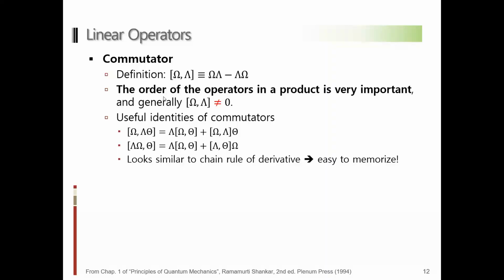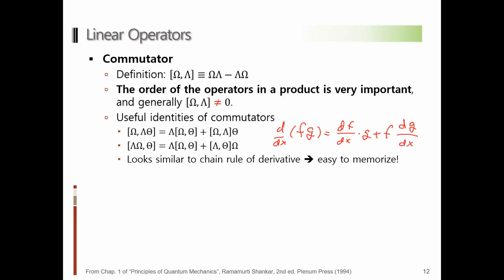One way to memorize these commutator properties is to recall the chain rule of the derivative. What do I mean by that? For example, if you want to find the derivative of the function fg, you first take the derivative of the first term, multiply by g, and then add the derivative of the second part.